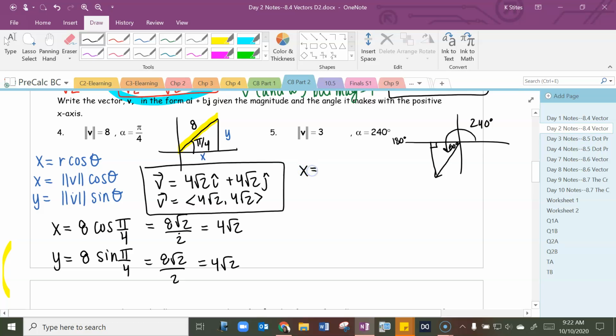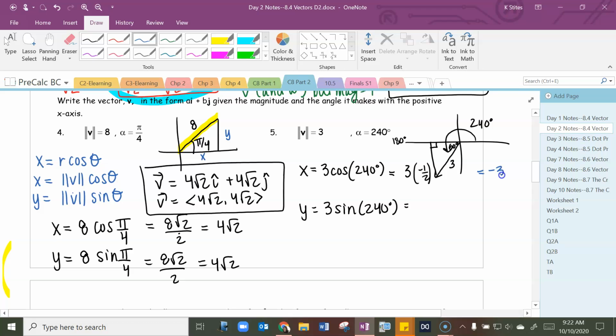All right, so again, x is our magnitude cosine theta. And you're still doing cosine of 240 even though our reference angle is 60. And y is our magnitude sine theta. All right, so a cosine of a 60-degree angle is 1/2, but I am in quadrant 3, so it's going to be a negative 1/2.